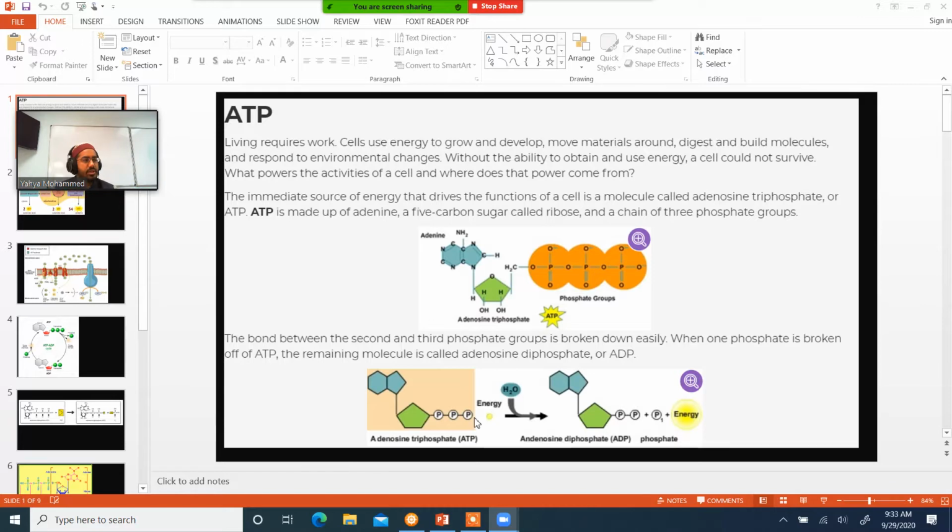When you break each one of those phosphate bonds, like if I break the bond right over here between these two phosphate groups, then when that breaks, that releases a whole bunch of energy, and the cell uses that to power something in the cell.